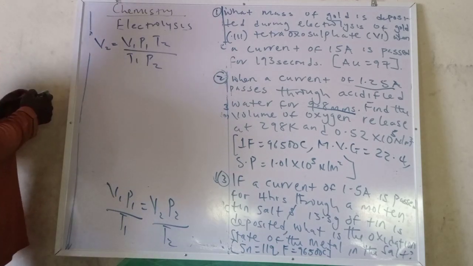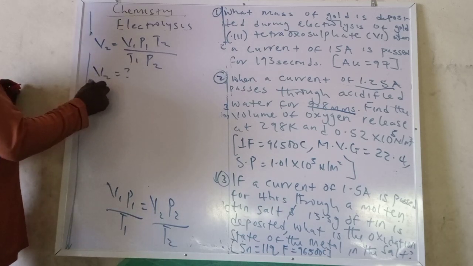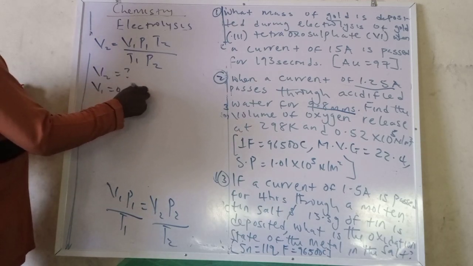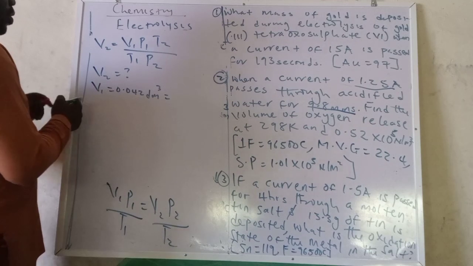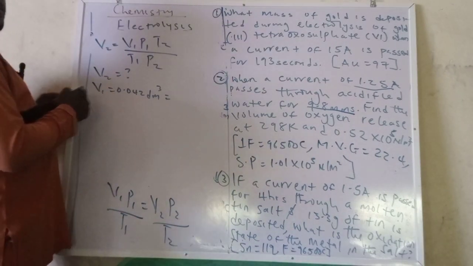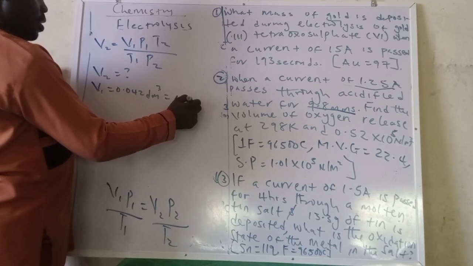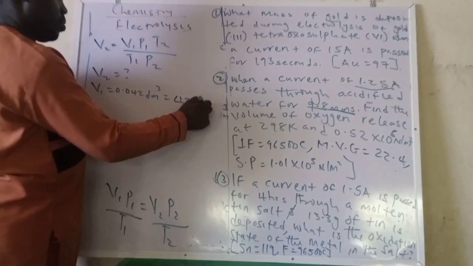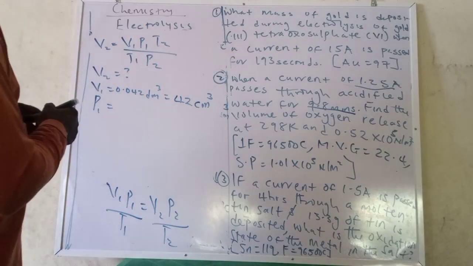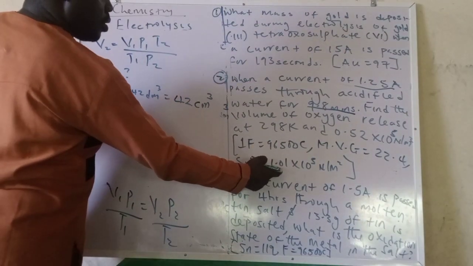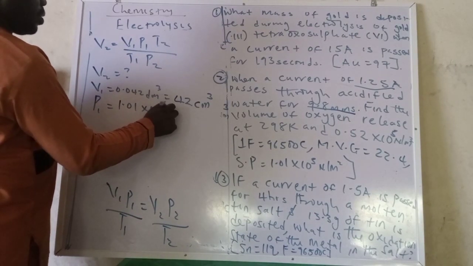So let's see the parameters we are given now. V2 is not known. V1 we have got. So we take it from dm³ to cm³, which is what? Multiply by 1000. What do you have? 0.6, it's 42. So P1 is 1.01, we call that standard what?